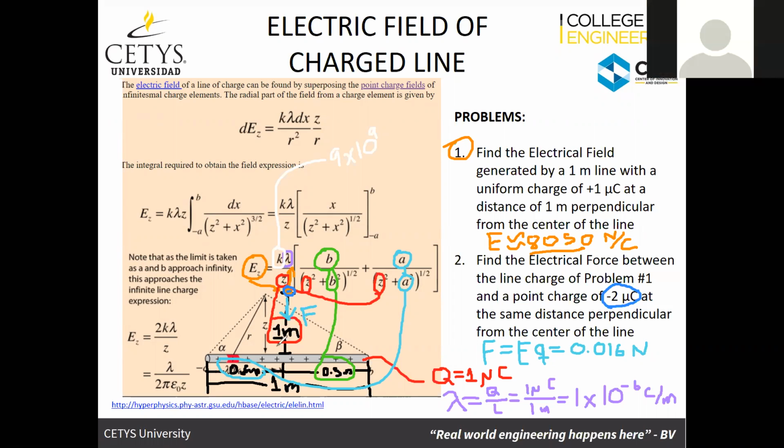Perfect. And so now what we found in 1 is that we have a line that has a charge, and that line is going to have an electrical field that it's generated. Now, if I place a charge in that electrical field, the force exerted is going to be this. Okay.